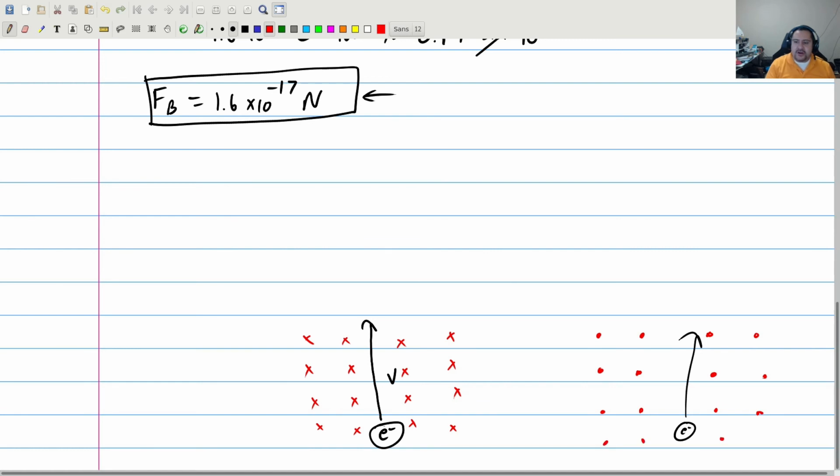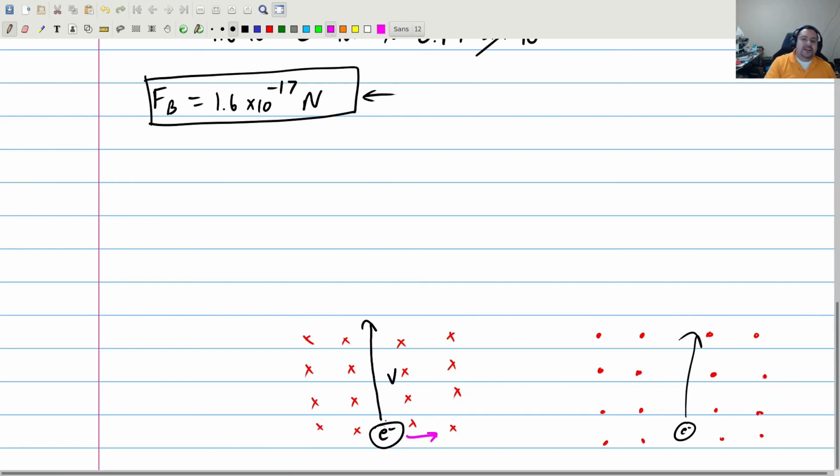Okay, so here is our diagram. In the first situation, we have a velocity directed toward the top of the page. We have a magnetic field directed into the page, which means it should feel a force to the left. However, this is an electron, which means its charge is negative, which means the force is in exactly the opposite direction. So the force on this electron is going to be directed to the right.